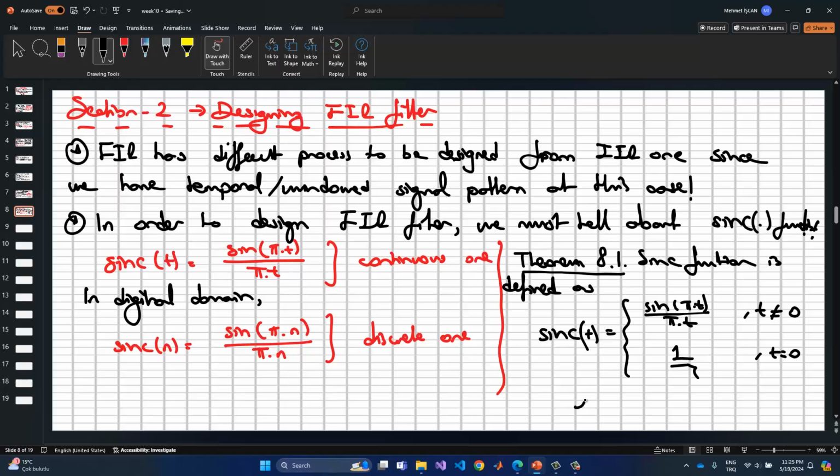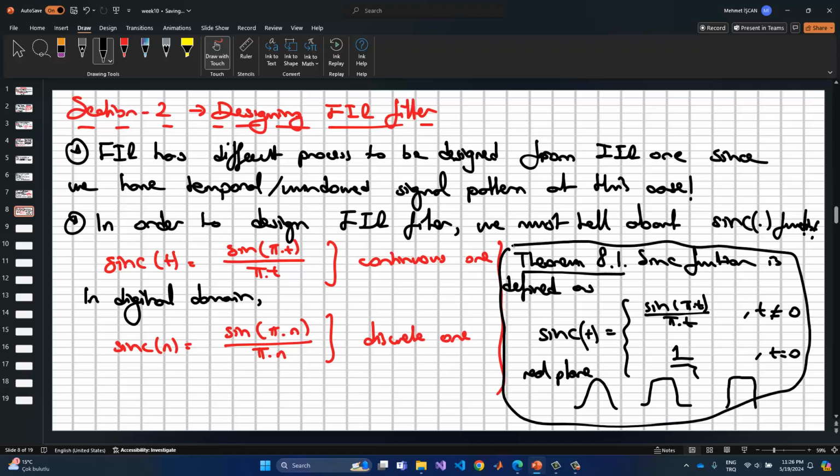And so we can create this kind of signal in here. This is a rectangular pattern in the real plane. And so this is our theorem.